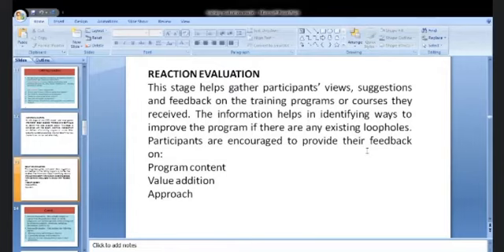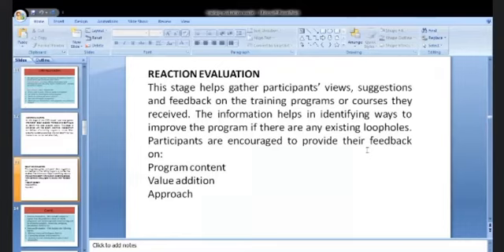The information helps in identifying ways to improve the program if there are any existing loopholes. Through the reaction you will come to know whether the employees are satisfied or dissatisfied, and what limitations and loopholes are associated with the training program.